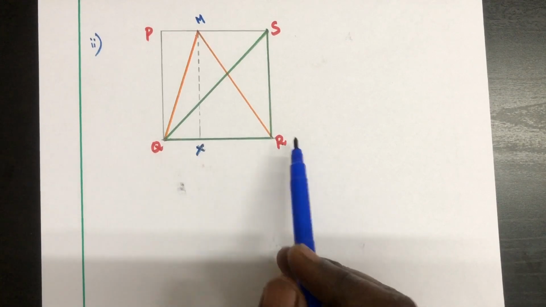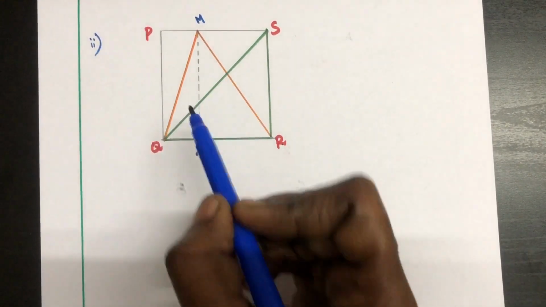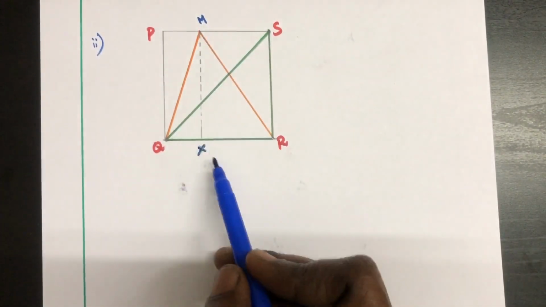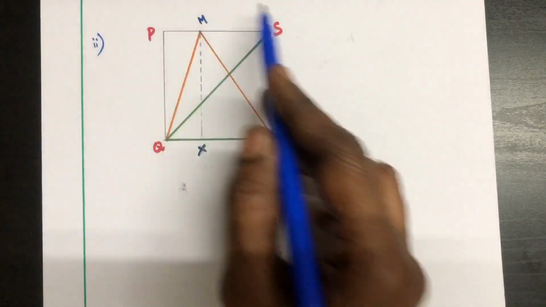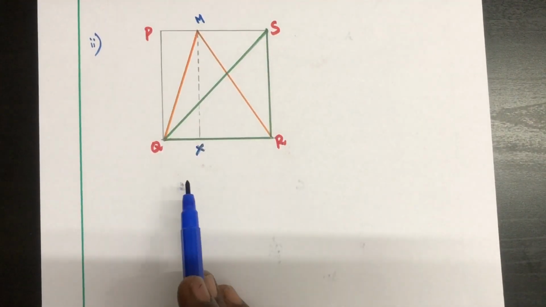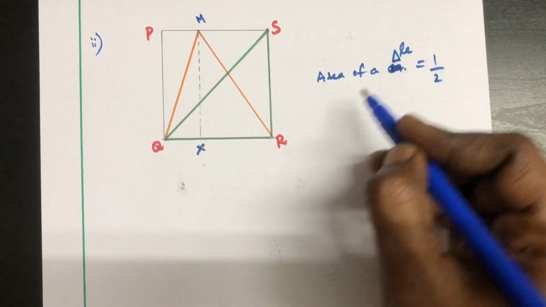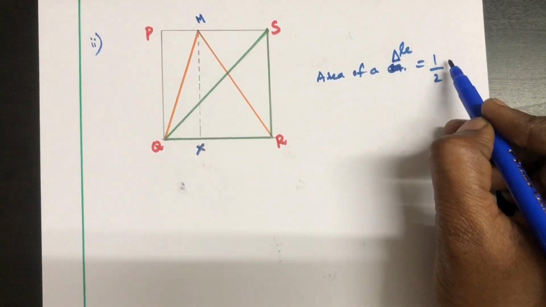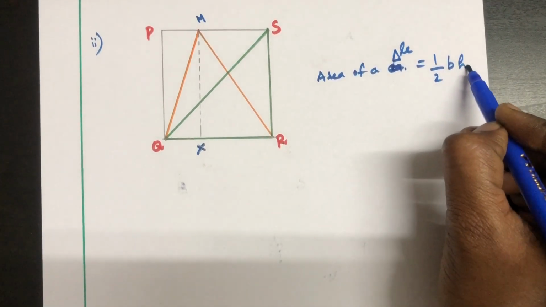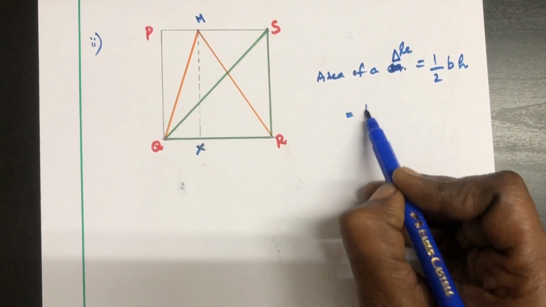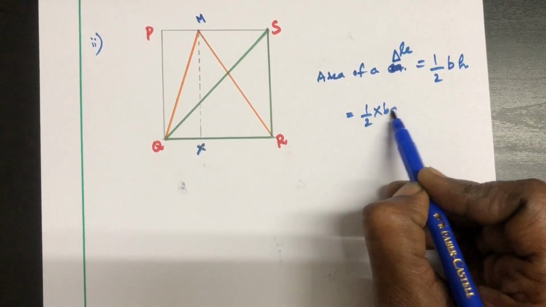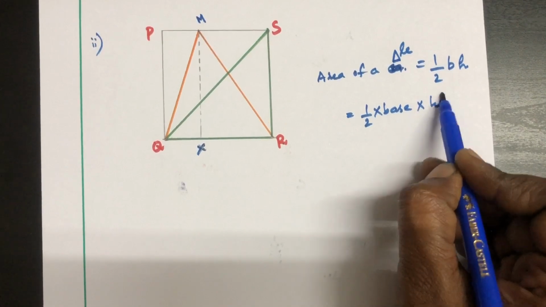In this square, all the outer sides I made 5 centimeter each. Now, what is the area of a triangle? Area of a triangle is half base into height.